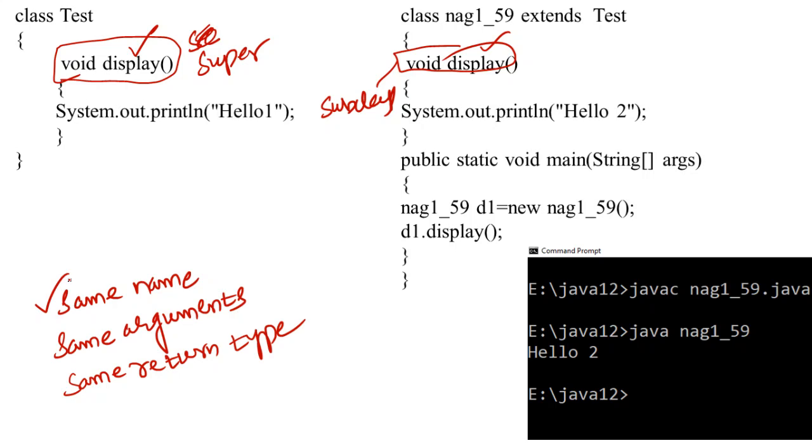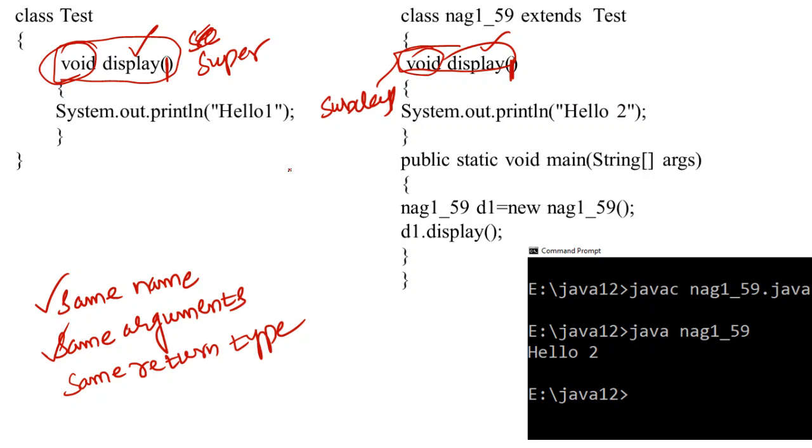They must have the same name, same arguments. Of course, here I am not keeping any arguments, and here also I am not keeping arguments. Same return type: this display has void return type, and this must also have void return type. The methods in the superclass and subclass must have the same name, same arguments, same return type.